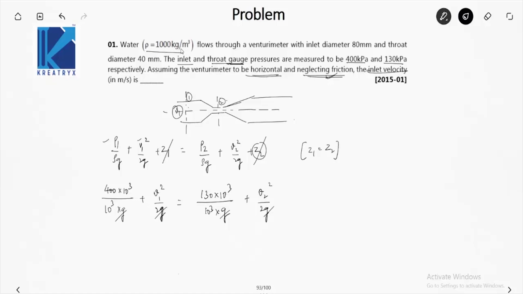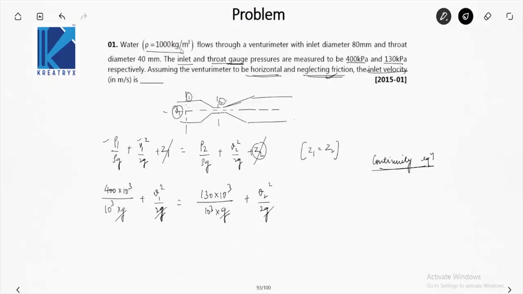Now, can you find V1 and V2? I mean, can you find a relationship between V1 and V2? Yes, you can, with the help of the continuity equation. One thing I can tell is that Bernoulli's equation is generally asked together with the continuity equation. Bernoulli's equation and continuity equation are clubbed in a question.